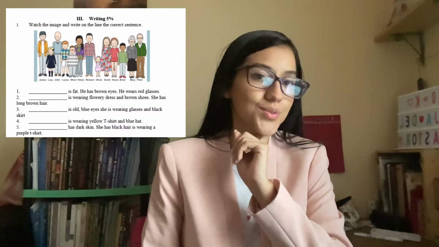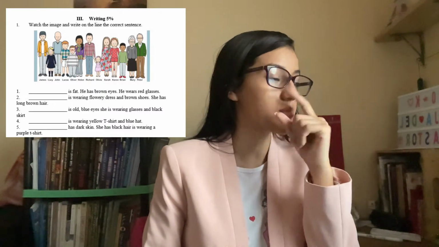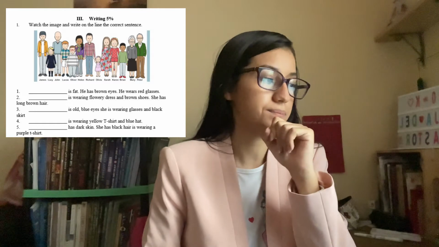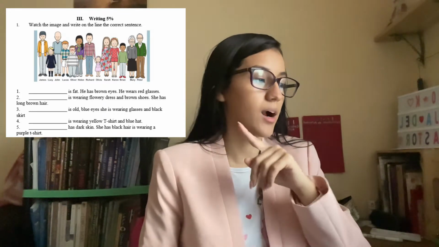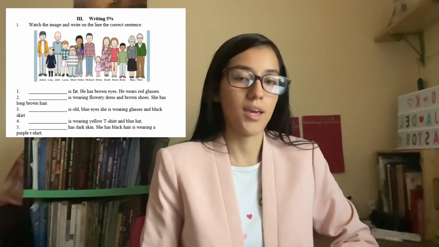The instructions are to look at the image and underline the correct name. For example, number 1 says he is fat, has brown eyes, and is wearing red glasses. So we can see that the correct answer for this question is Oliver, the little boy who is wearing red glasses.